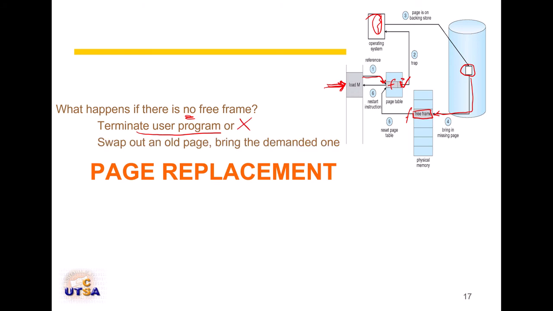The other solution is that we can swap out an old page because it may not be needed anymore, or maybe we don't need it for the current execution. So we can pick one of the old pages that is in the memory, remove that entry from the table, and then bring the new page, the one that's demanded, from disk into the main memory. That's what's called page replacement.